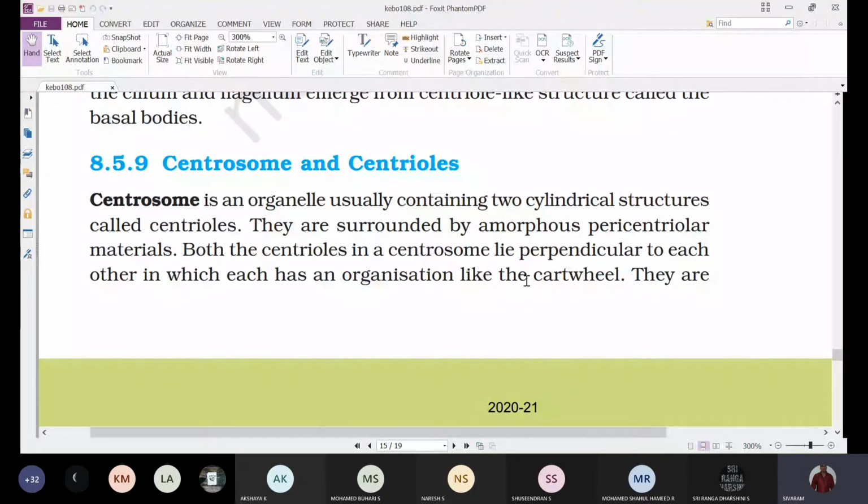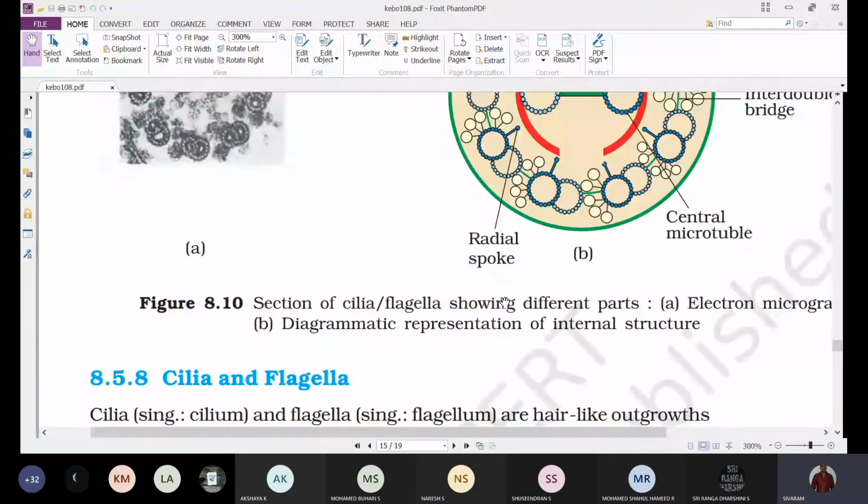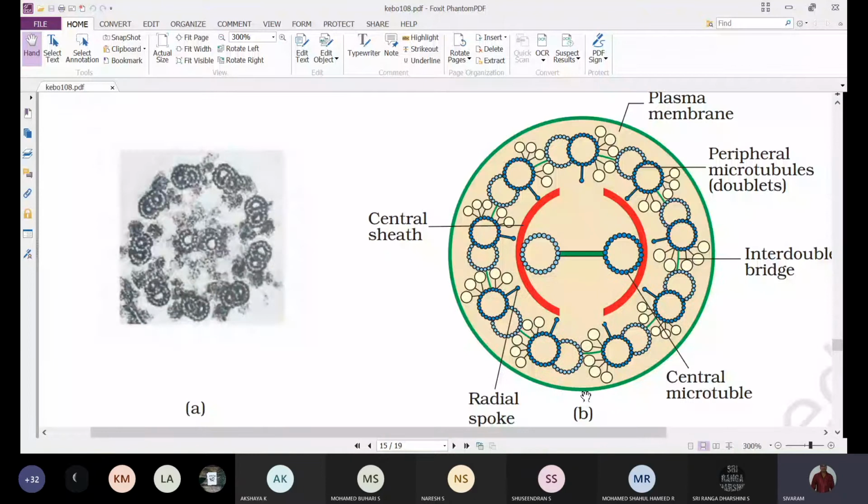When you observe the internal structure of the centriole, it will look like a cartwheel-like arrangement. That means peripheral microtubules and centrally located microtubules, and these centrally located microtubules are attached to the peripheral microtubules with the radial spokes.